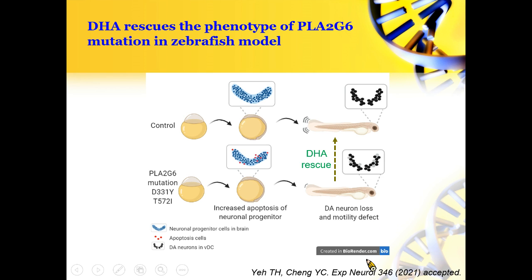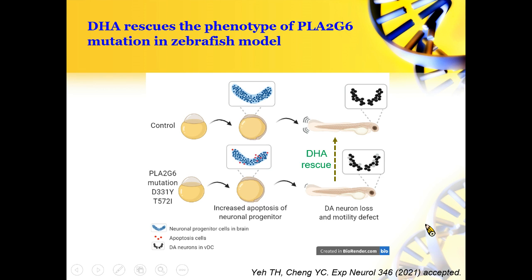Because the level of free fatty acid DHA 22:6 is decreased in larvae injected with D331Y or T572I, we investigated the potential therapeutic effect of DHA, docosahexaenoic acid.